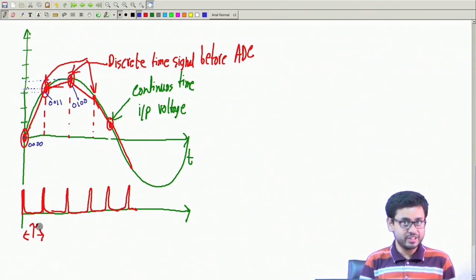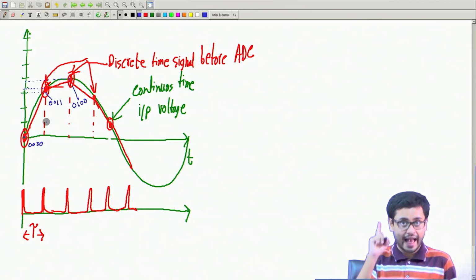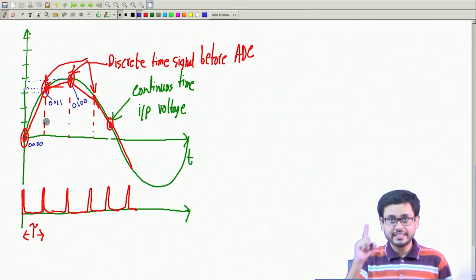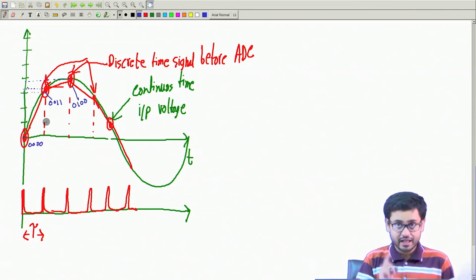So this is something you should know about a digital oscilloscope: number one, voltage is measured only at discrete times, discrete intervals, and number two, due to the use of the ADC, there is some quantization error in the measurement. So we do not get perfect measurement, of course.